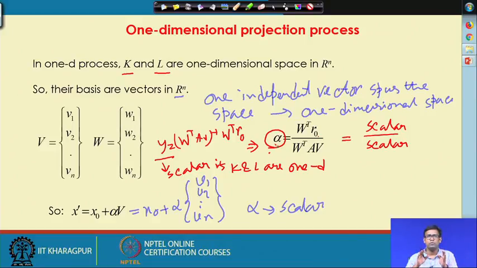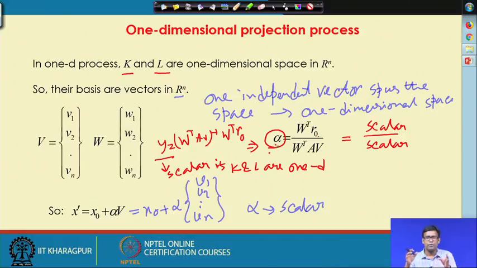So, we have chosen K and L to be one dimensional vectors here. The exact form we have not chosen; we have just said that K is basically a line along a particular vector direction, so it has a single basis vector.